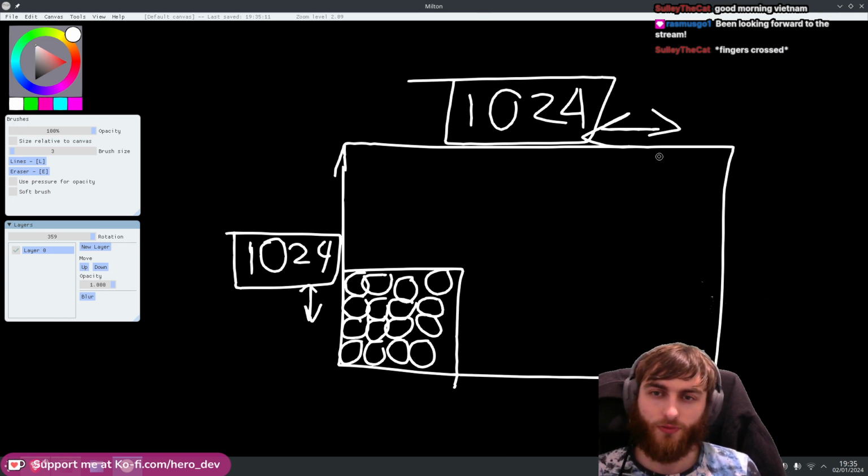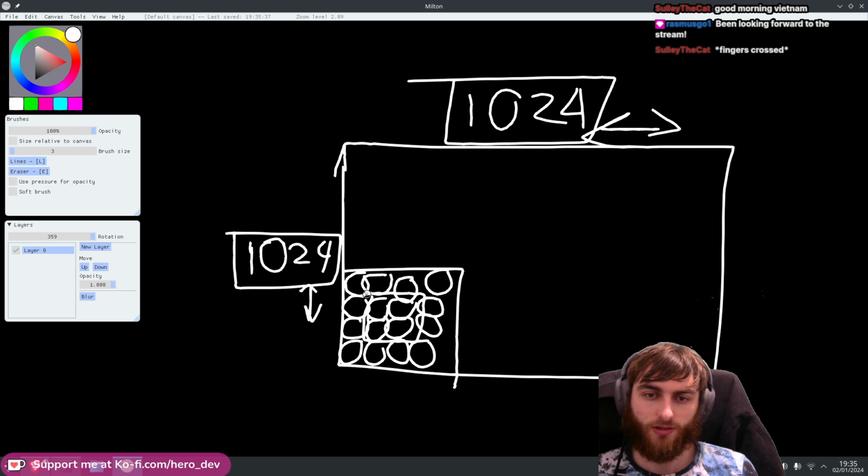So by having this LOD cluster tree system, we can say these spheres are completely surrounded. You can imagine this cluster is completely surrounded by another cluster.